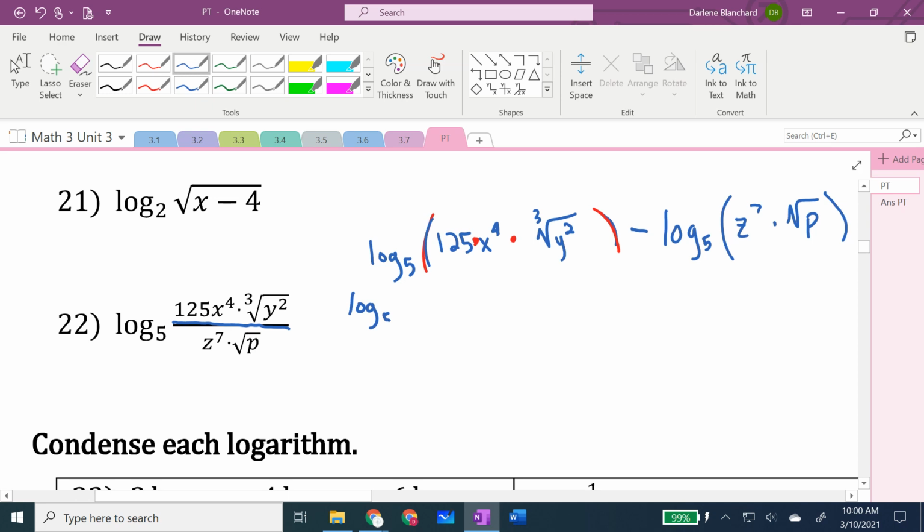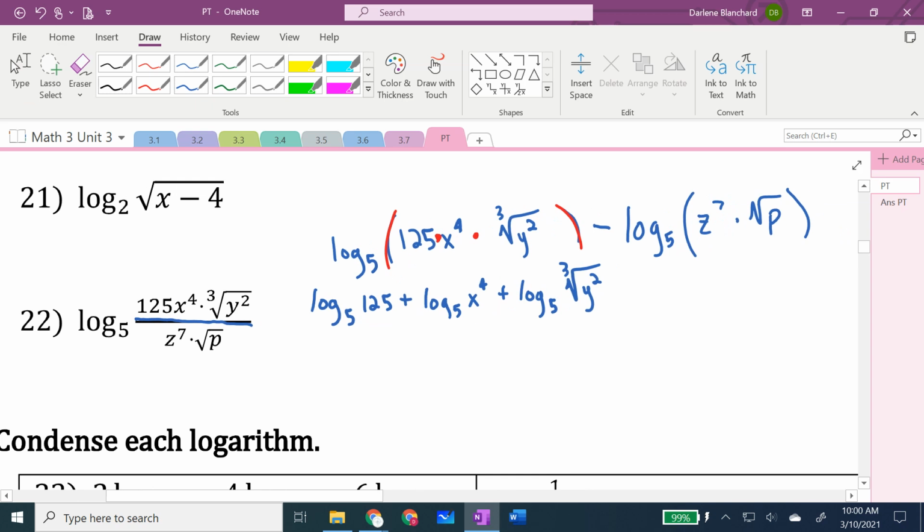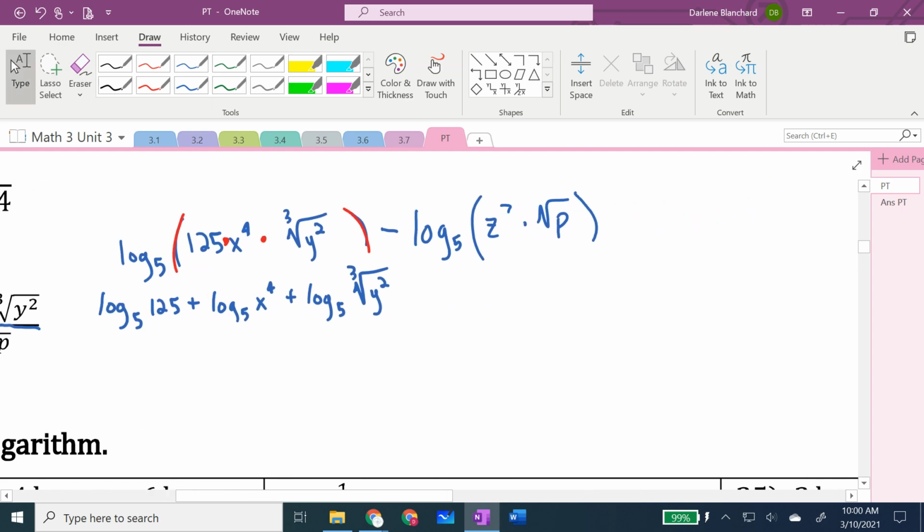That means I have log base 5 of 125 plus log base 5 of x to the fourth plus log base 5 of the cube root of y squared. Then I have my minus sign.